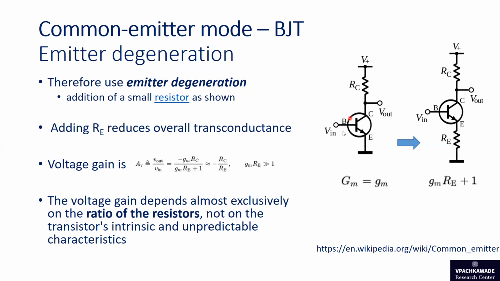Therefore, a circuit such as this is preferred for overall improved performance. Finally, with the value of RE, we say that AV, the voltage gain, is reduced. However, the other overall performance gets improved.